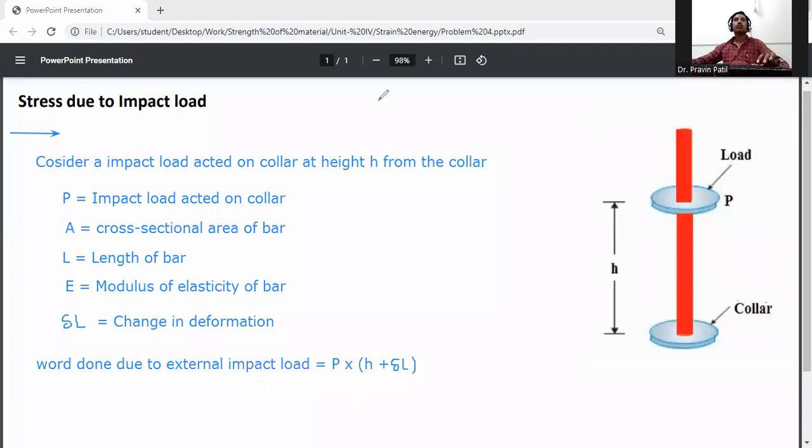Okay. So strain energy, we know that strain energy is equal to sigma square V divided by 2E.